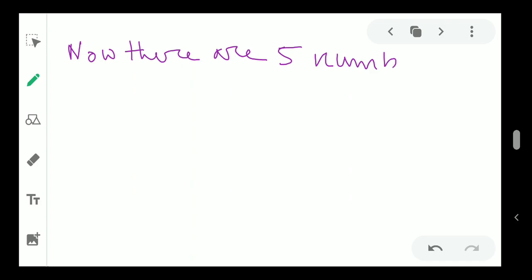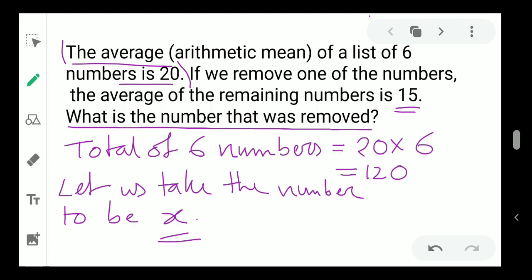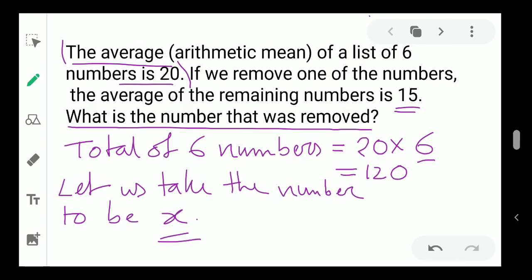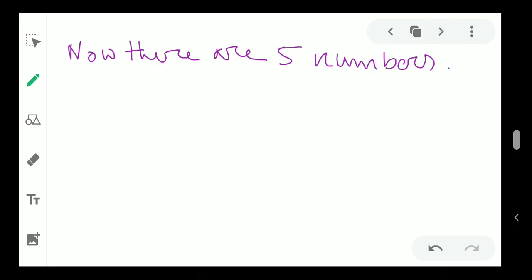So how many numbers are there now? Now there are 5 numbers. Previously there were 6 numbers. What was the total of 6 numbers? 120.